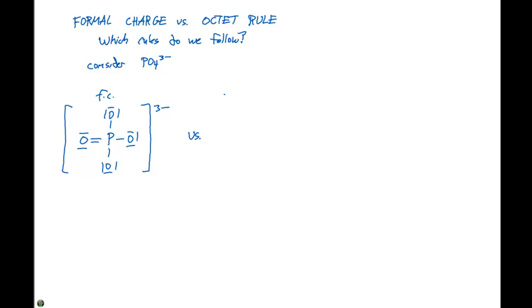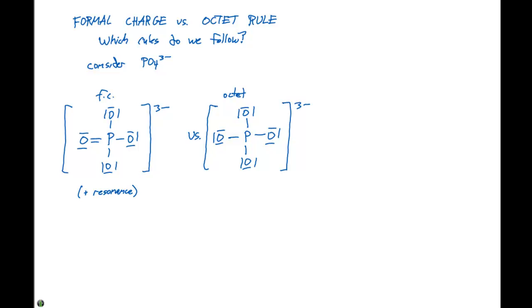We can compare this to what we would predict versus the octet rule. The octet rule would predict a structure that would have 4 single bonds to the phosphorus. And we would also, for especially this compound, have to list all the resonance structures that go along with this.